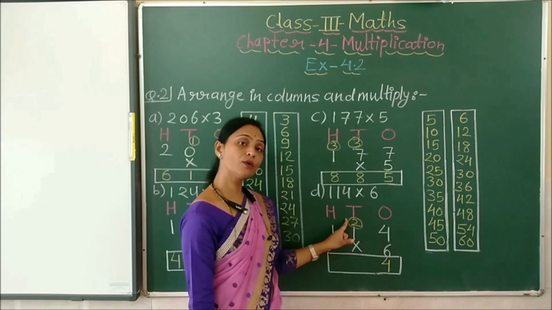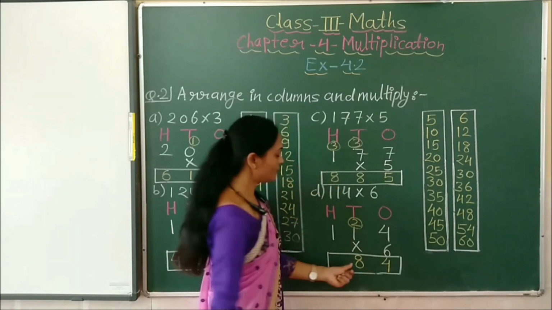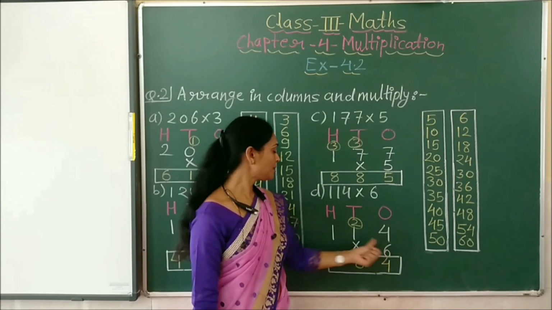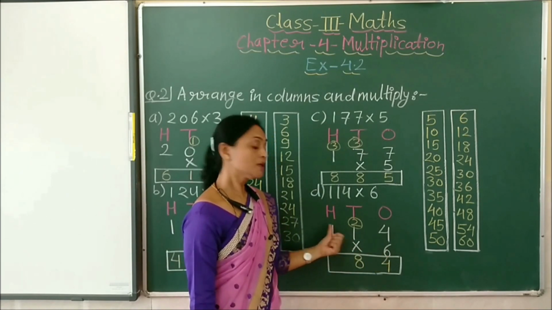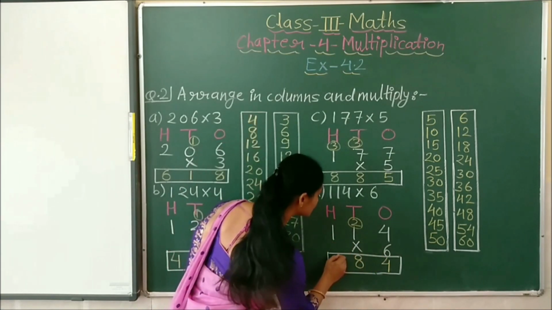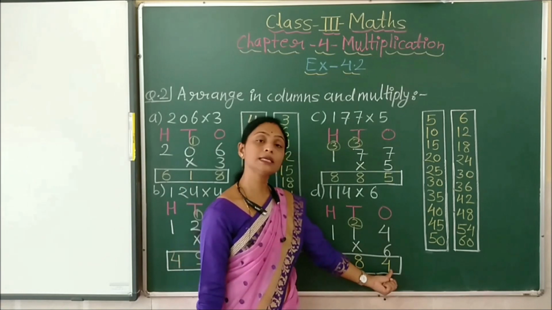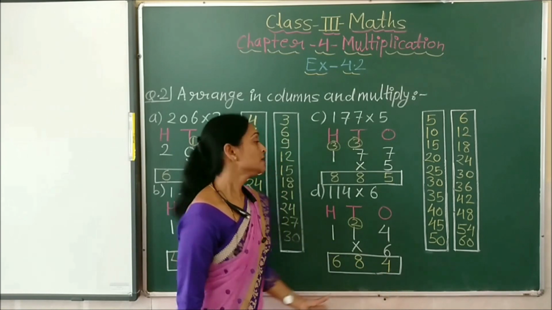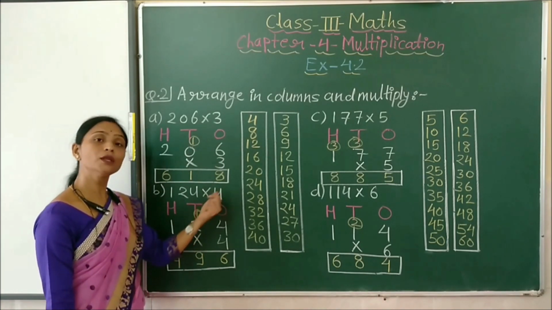So 6 plus 2, how much? 6 plus 2 is 8. So this 8 we will write here. Now 6 table again we have to read how many times? 1 time only. So 6 ones are 6 only. So this way 684 we got. Yes. So we have solved all these questions very easily if we know tables.